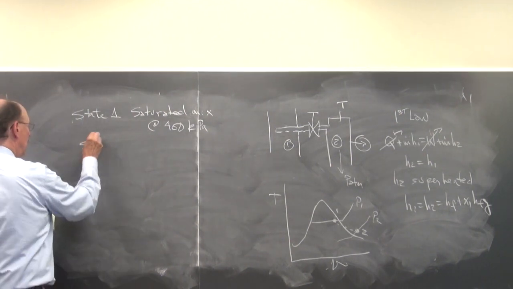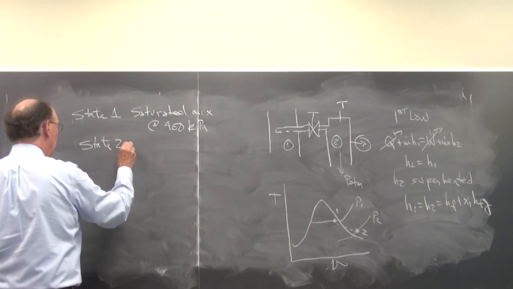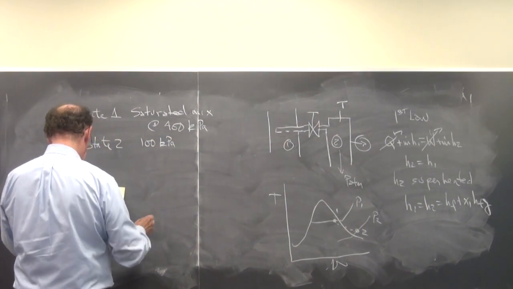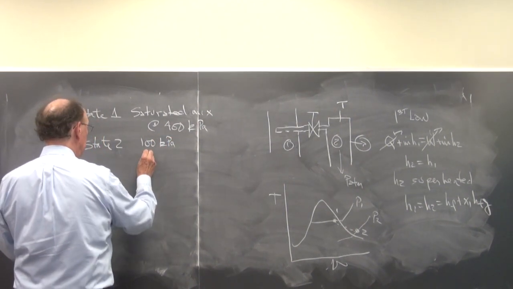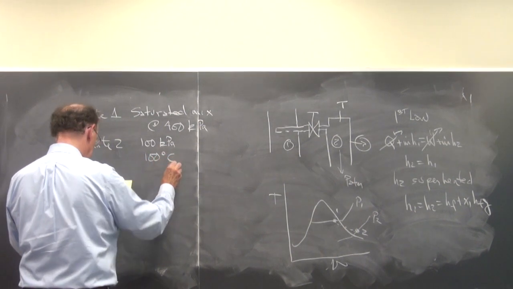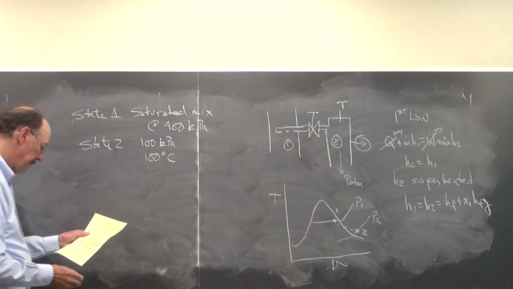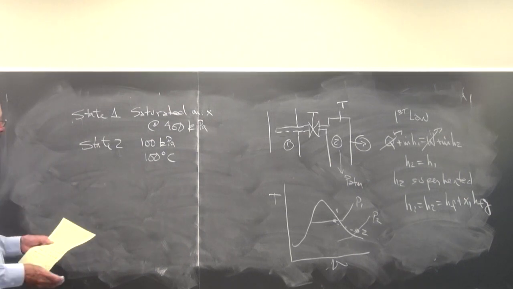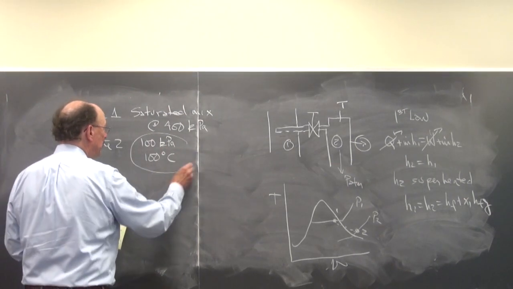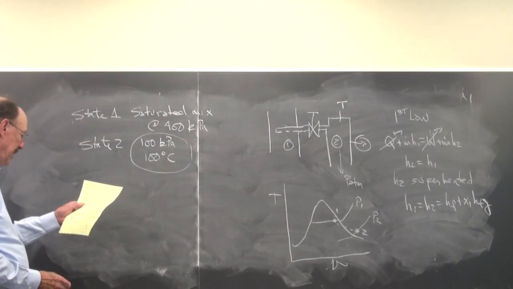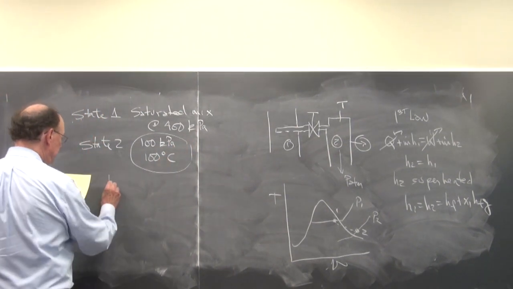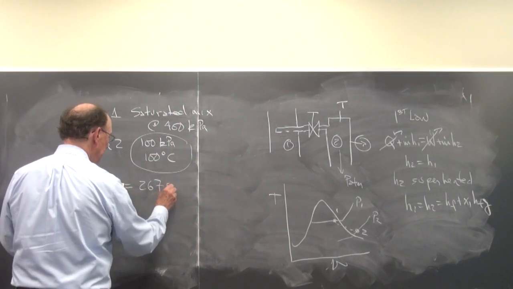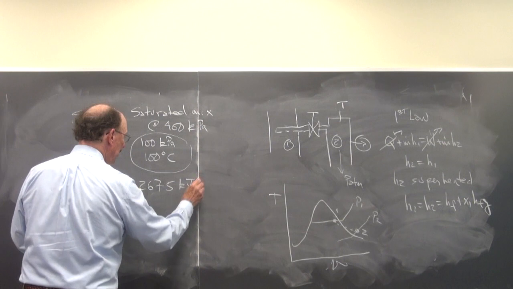State 2 is at 100 kPa, and T is 100 degrees C. And what I'm going to do is look this up in the tables, and I will find that h2 is equal to 2675 kilojoules per kilogram.